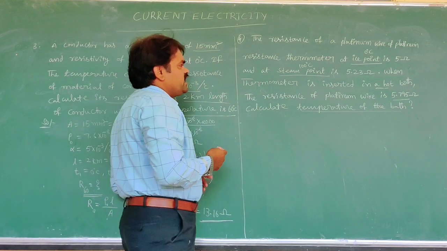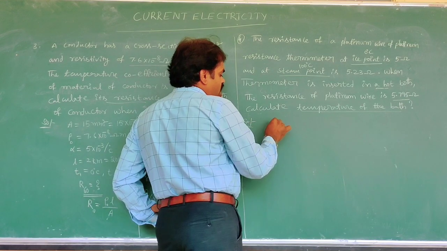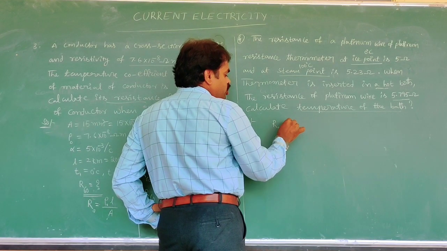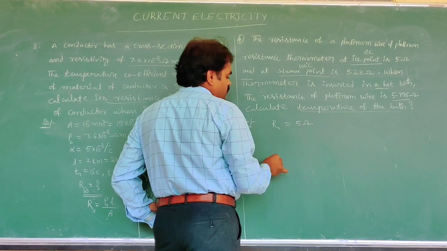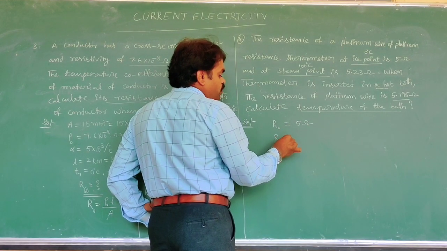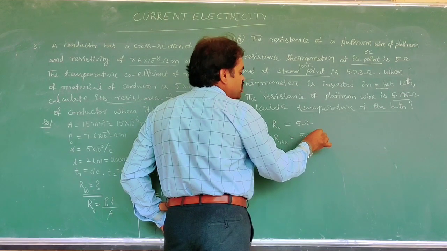Now, what did they give at ice point? Ice point means R naught at 0 degrees Celsius is 5 ohms. R100 at the steam point is 5.23 ohms.